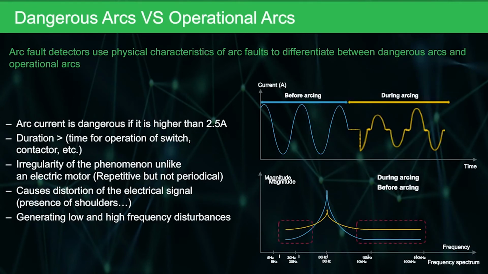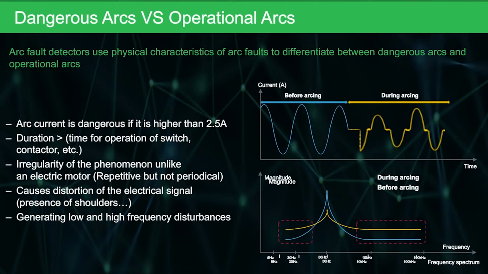So going into some more detail on that, the example of electric motors. We're used to seeing different arcs occurring inside rotating motors. Because that's relatively repetitive as the motor's constantly turning, we can allow for that. So we're looking for things that are repetitive and excluding that.